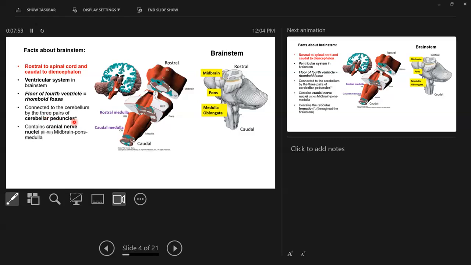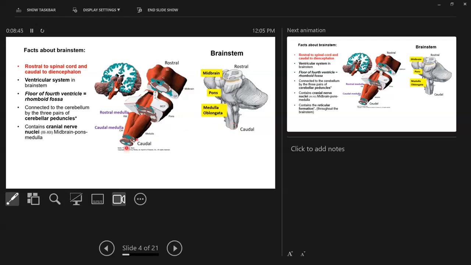The tegmentum, the inner core of brainstem, contains cranial nerve nuclei. In fact, from oculomotor number 3 to hypoglossal number 12, midbrain, pons, medulla, eventually along the rostrocaudal axis, we'll find these cranial nerve roots attached to brainstem, keeping in mind that the first two, olfactory and optic, are attached to forebrain.